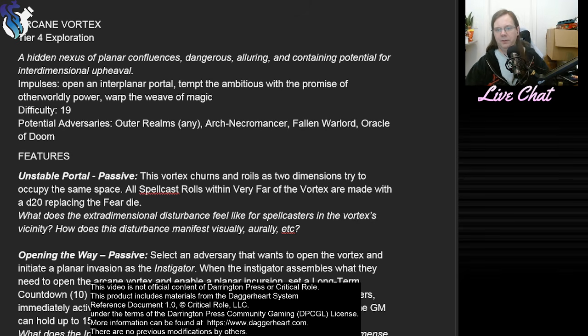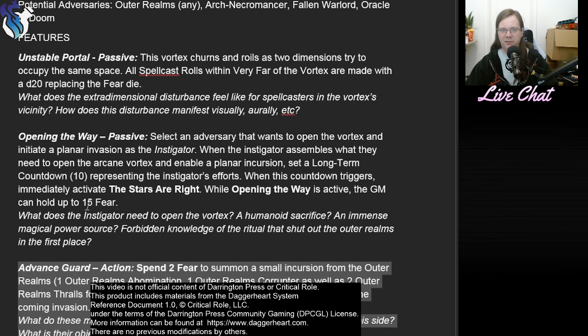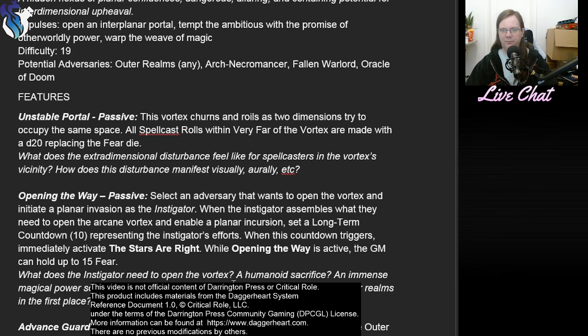Something else to think about is what can be done with fear in this environment, given the fact that the GM can hold a lot of it. This long-term countdown is something that the GM, in my opinion, will be able to spend fear on.